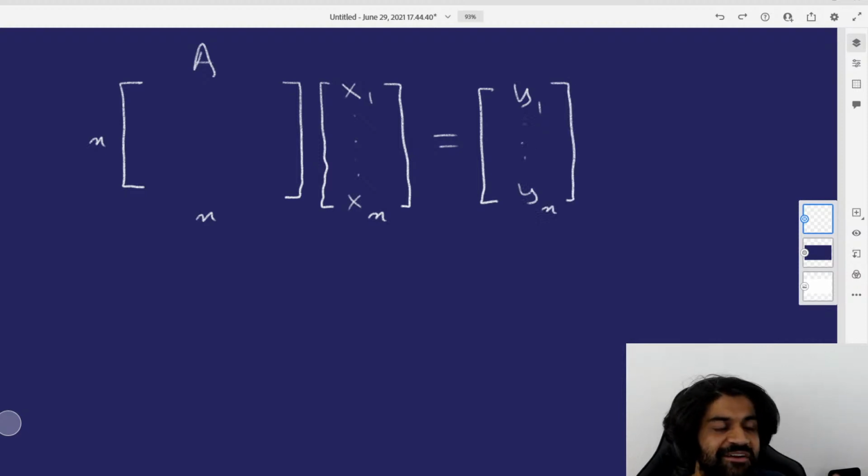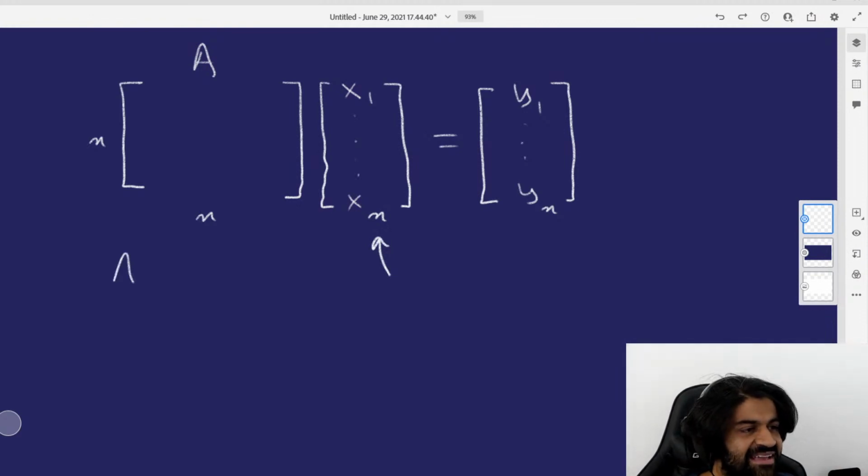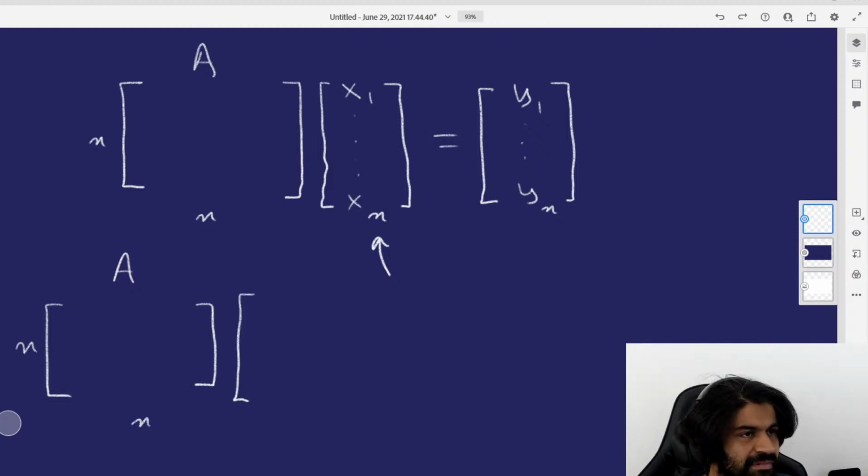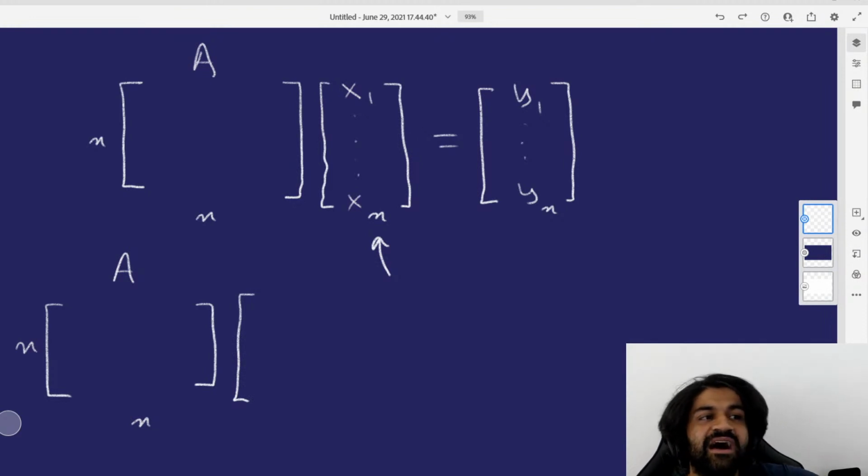Now, the derivation of Cramer's rule relies on just padding this second vector here, the one that you're multiplying with. So you write A again. A is still this n by n matrix of coefficients. And instead of writing x1 through xn, think about which one you're solving for. Let's say you're solving for the ith unknown.